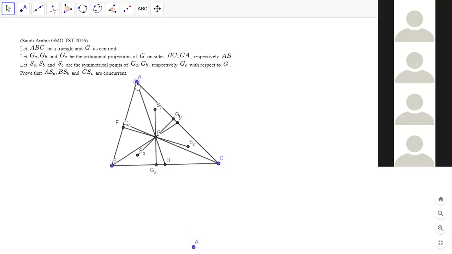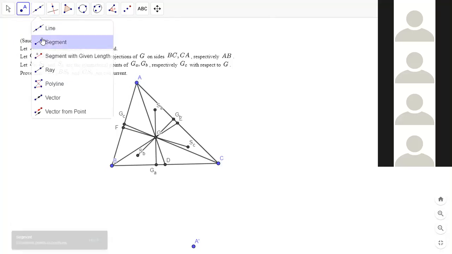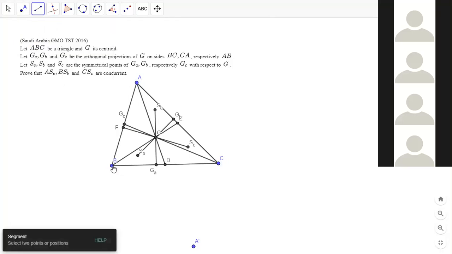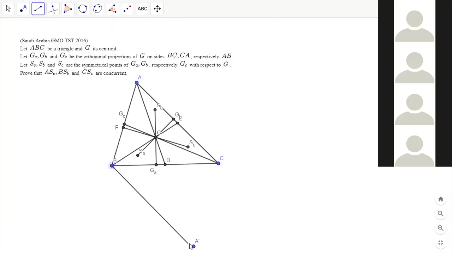Let's see. First of all, if you do the homothety of -1 about G, SA will become GA, right? Yeah, SA would become GA. Oh no, my bad. Am I wrong?